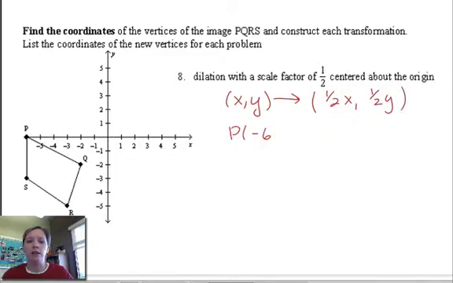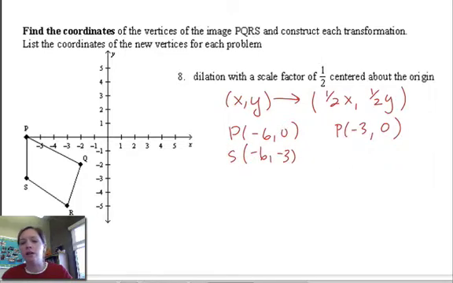So P was at -6, 0. So P prime is going to be half of that. It's going to be -3. Half of 0 is still 0. S was at -6, -3. So S prime is going to be half of -6, which is -3, and half of -3. That's -3 halves, or -1.5.